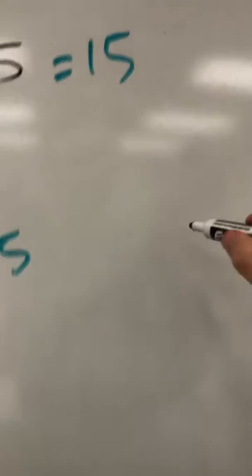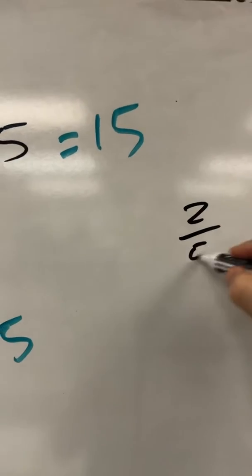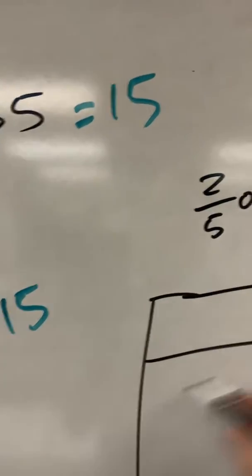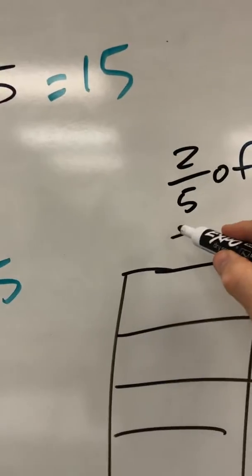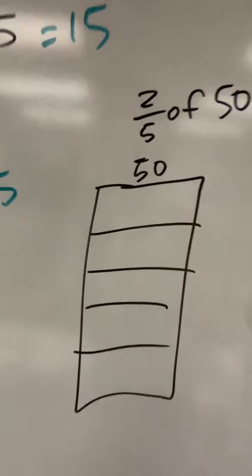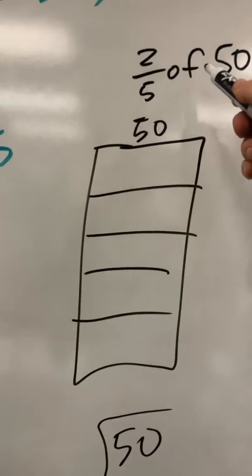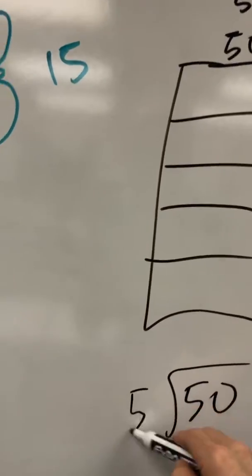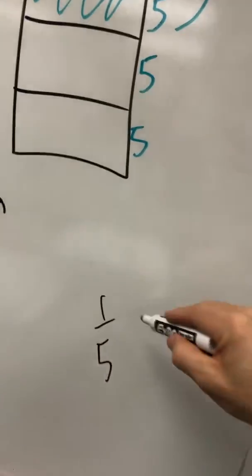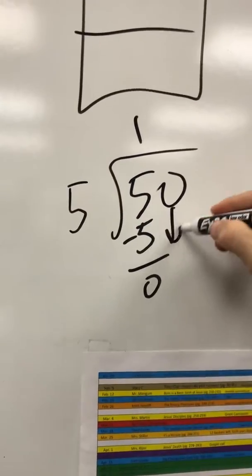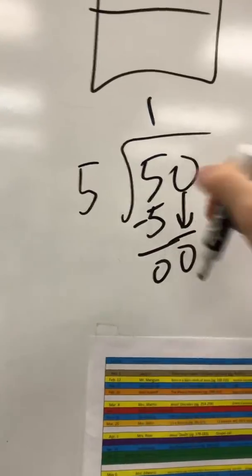Okay, so if we were to do that one, 2/5 of 50, first I've got to figure out 1/5, so 50 divided by 5. 5 goes into 5 once. 5 minus 5 is 0. Bring down the 0. Does 5 go into 0?